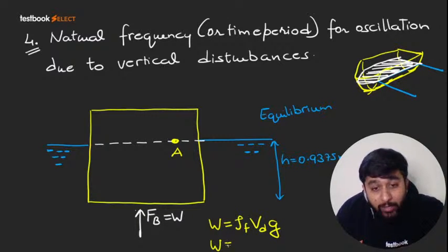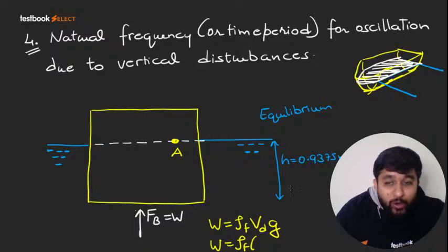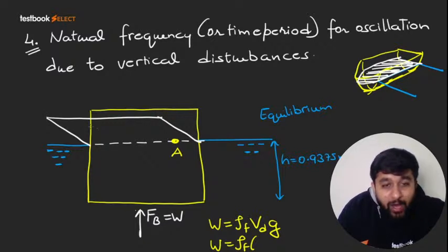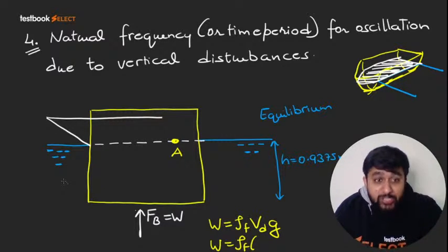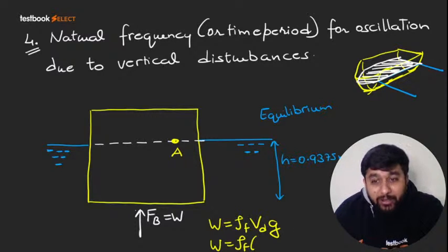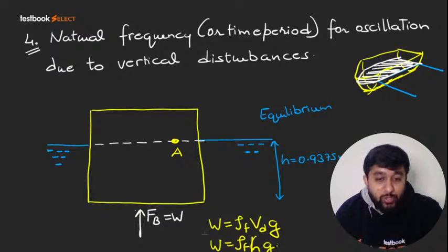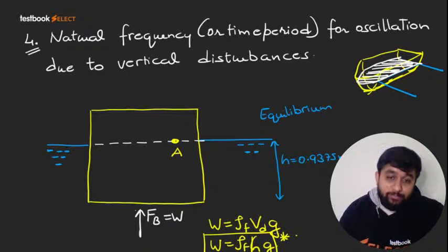And how much is the volume of displaced fluid? We have written this earlier also. The displaced water will be a cuboid like this. The height of displaced water is h meters. The length and the width of displaced water is 1 meter. So this volume will be h meter cube, into g. So this is the equilibrium condition. Which condition? Equilibrium condition.